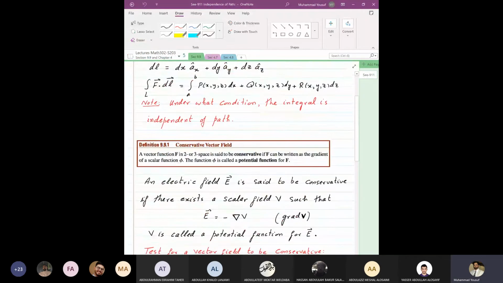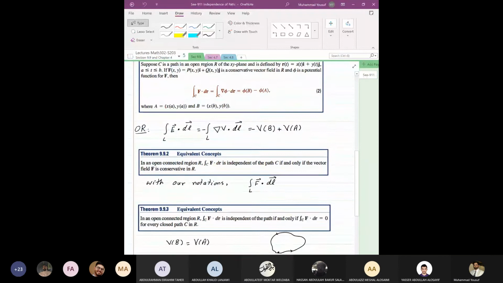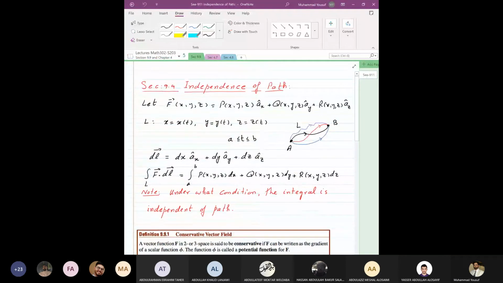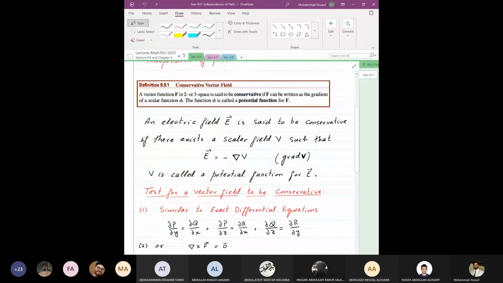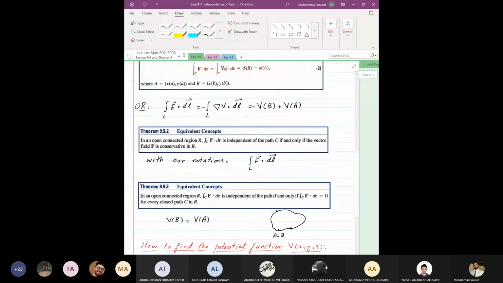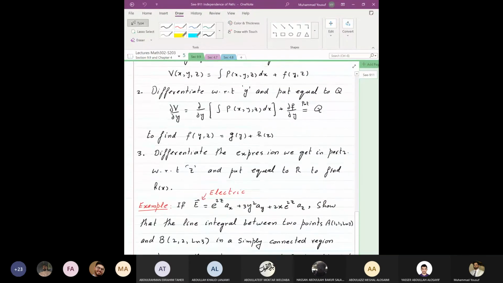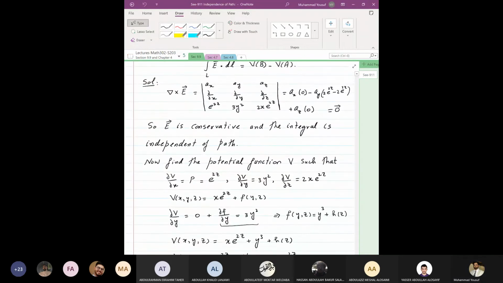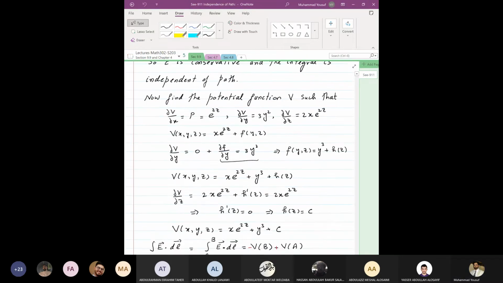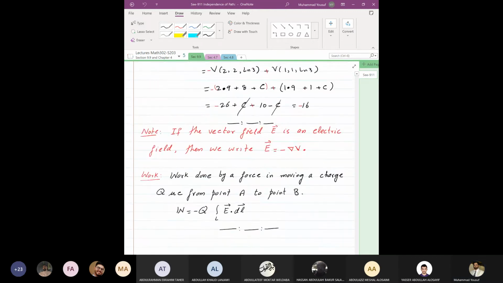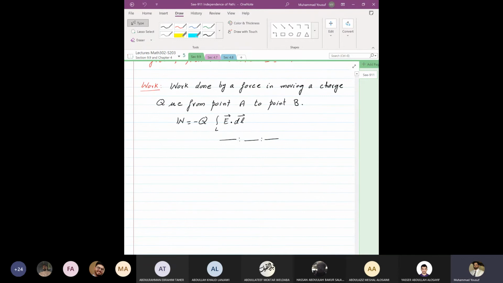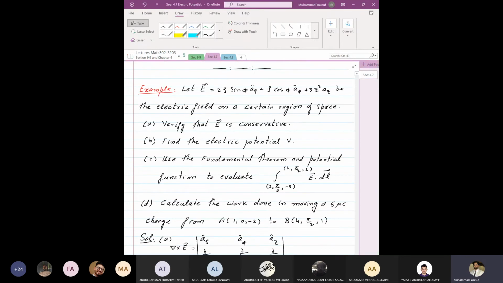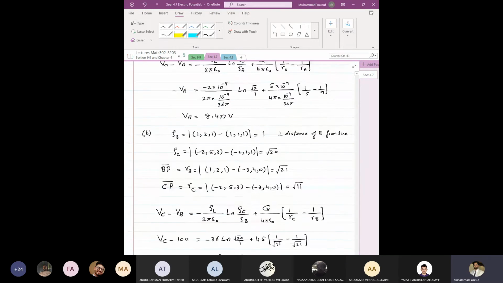Where is it? Okay, 4.9, not here. And then 4.7.